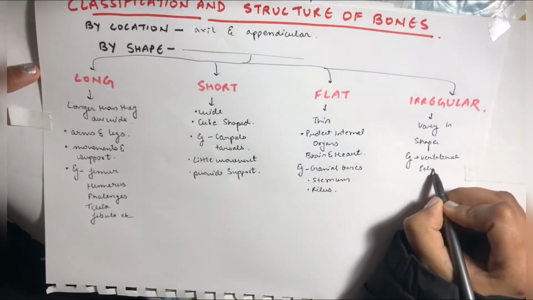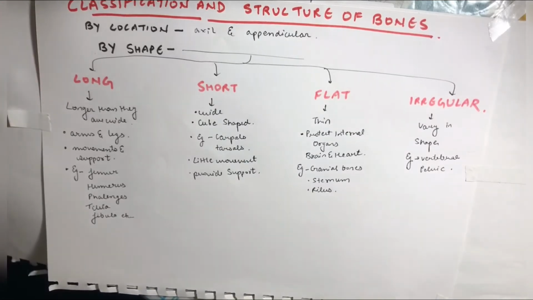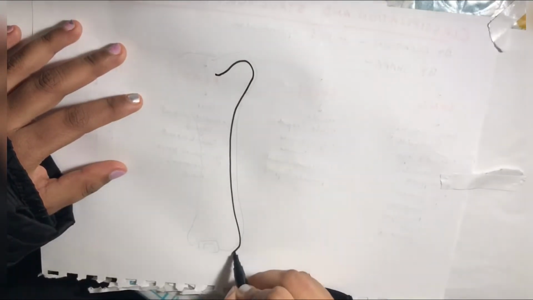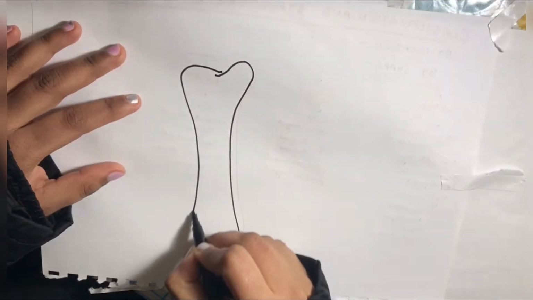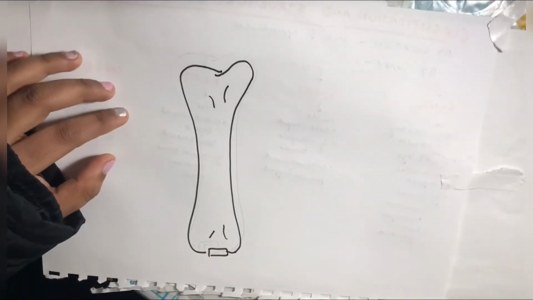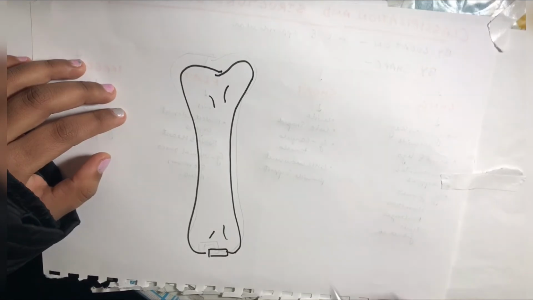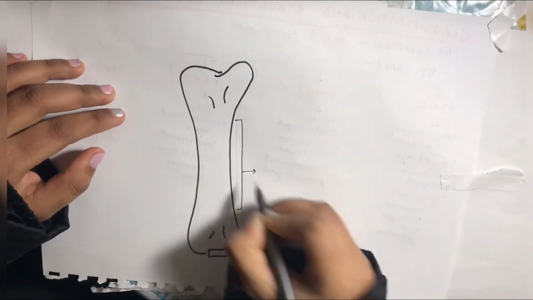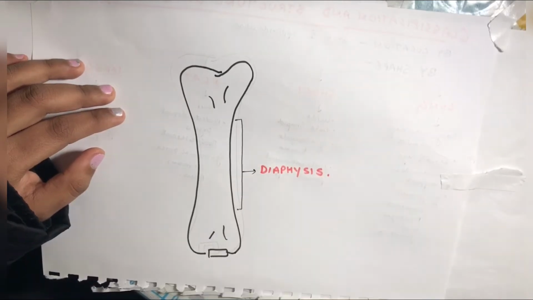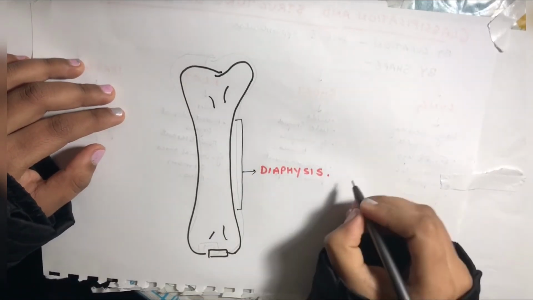After the classification, we will talk about the parts of the bones. Let's take a picture of a long bone. I'm sorry for the diagram, this is just a rough diagram. It looks more like a play bone for a dog, but let's consider this as a long bone. The central part of this bone is the diaphysis, which is the elongated central part of the bone.